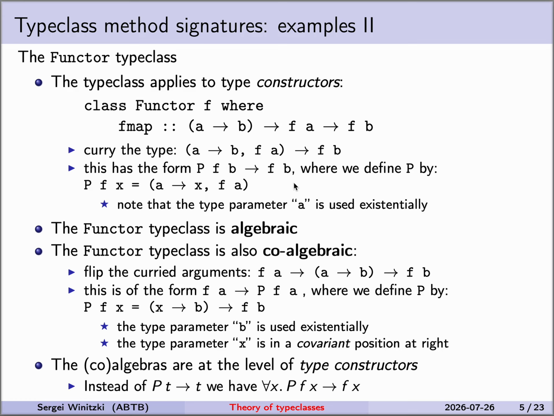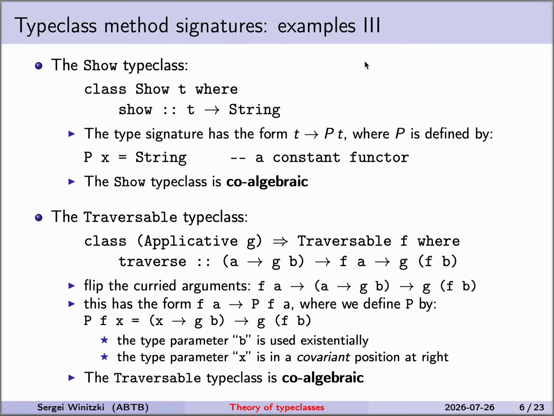The next example I'd like to talk about is the show type class. The show type class has this signature, and it has the form t to pt, in other words, co-algebraic, where we define p as a constant functor, which always returns the string type.